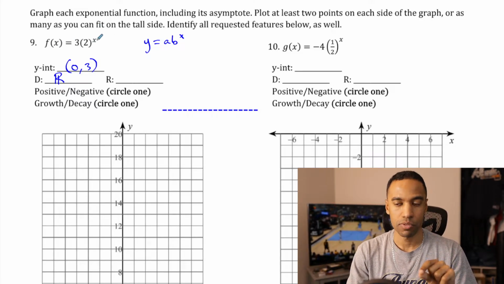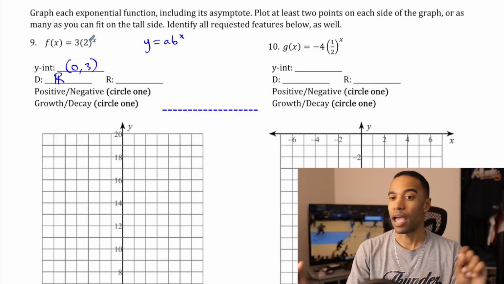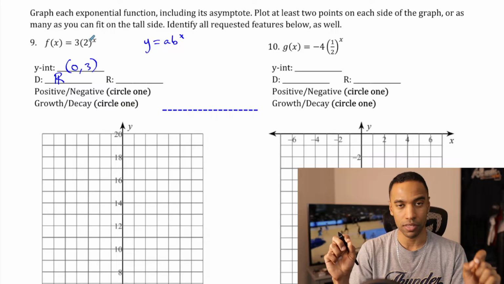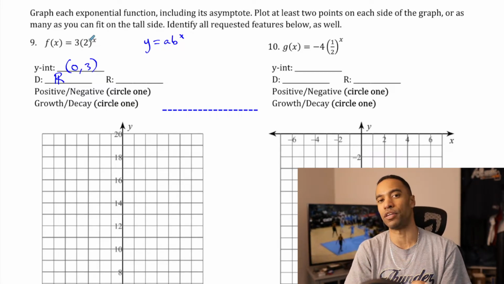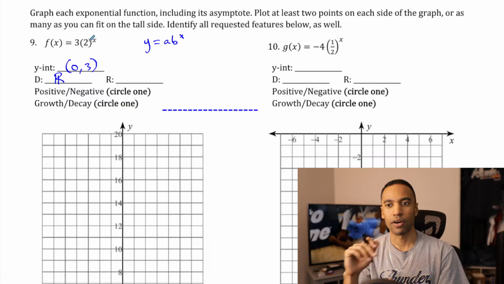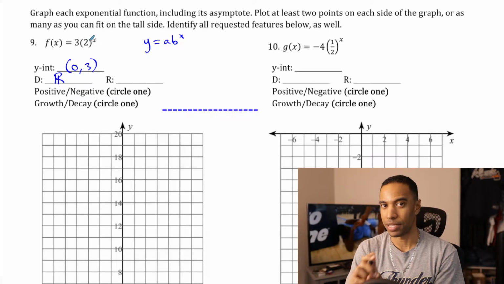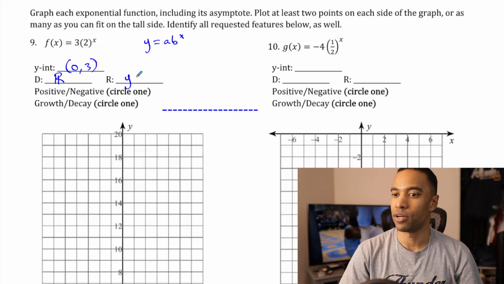No matter what I substitute for x, these values will always be positive. And I can touch every positive number under the sun. Every single one. 2.4, I can get it. There's an x value for it. 0.000912, there is an x value for it. It exists. 1 billion, there's an x value for it. Y is greater than 0.